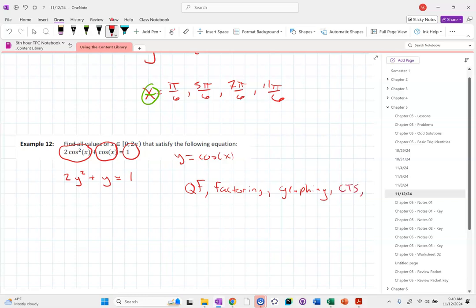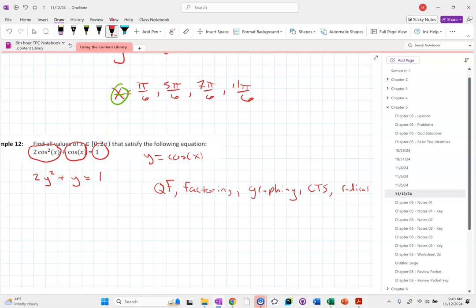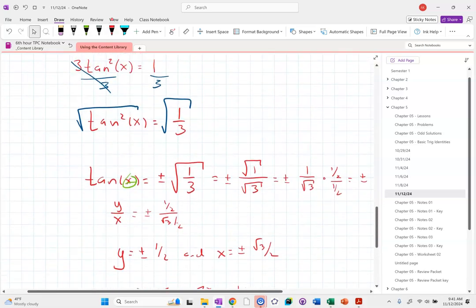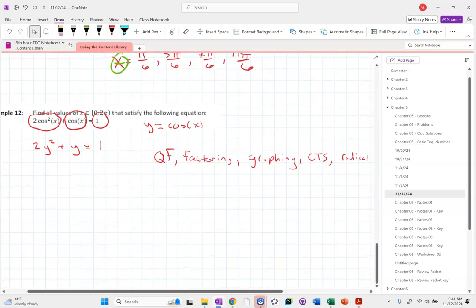How about completing the square? That's a technique you could use. And then, depending, you might be able to use a radical, right? If it's just like the previous one, where technically that's quadratic because there's only a squared term, you can just use a radical on it. Here we have a squared term and a linear term, so the radical's out, right?